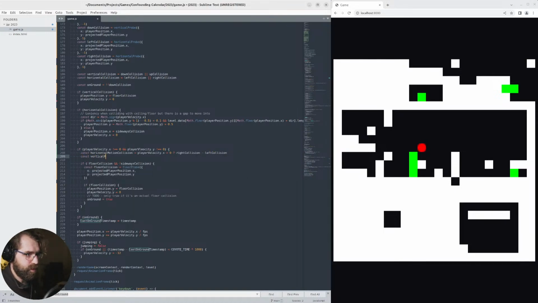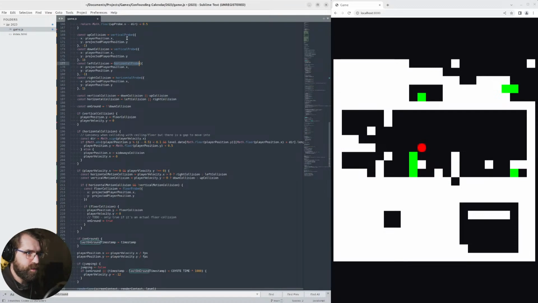Const vertical motion collision: if player velocity y is greater than 0, then it's down collision, otherwise it's up collision. Then if not this and not this, we re-probe the floor, which is a vertical probe with direction 1. So down collision is our new name for this. If there is a down collision at the fully projected position, then we do this. That's correct.